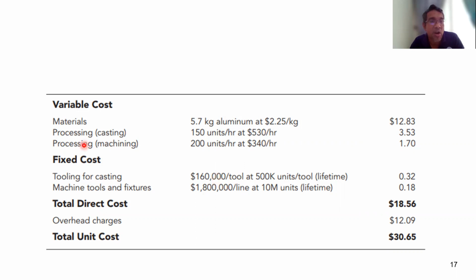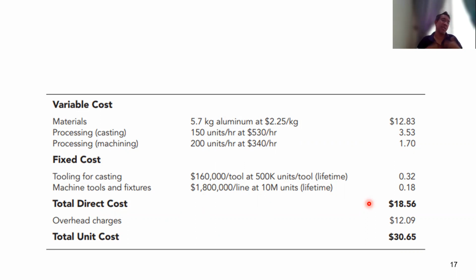So we have a variable cost for this one, and also fixed cost for machining that part. On top of that, we have an overhead charge. So there is the total cost for the custom part.